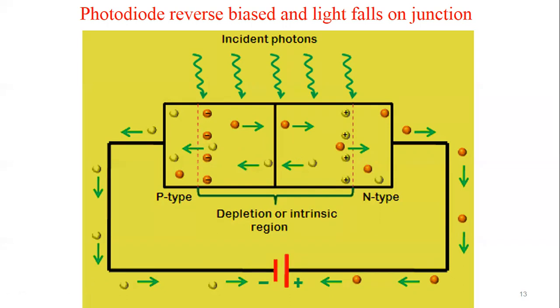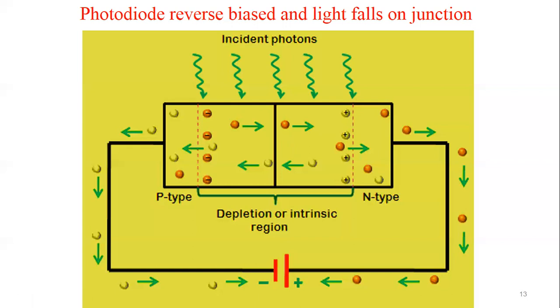As the conductivity has increased, resistance has decreased. And because the number of charges has increased, even though the device is operating in reverse bias condition, a minute current is going to flow. This minute current will increase because of the increase in the number of charges.